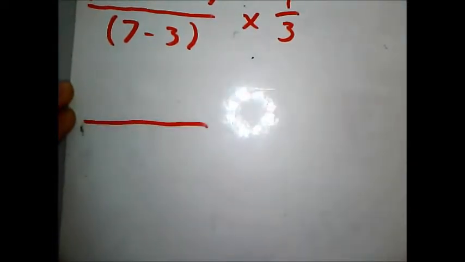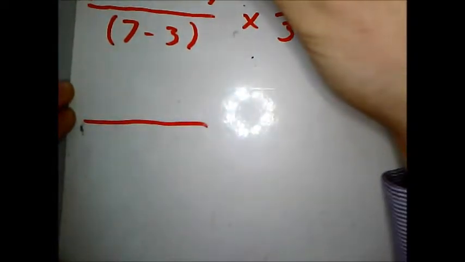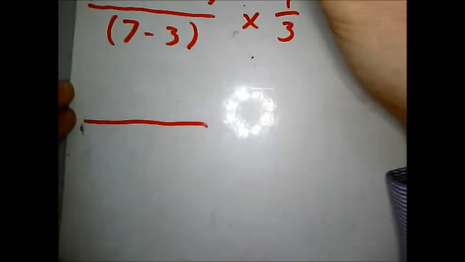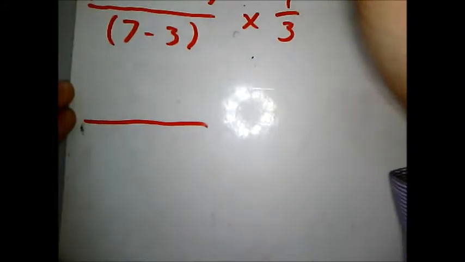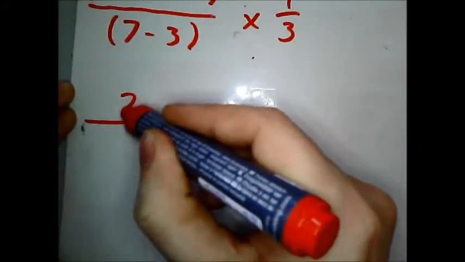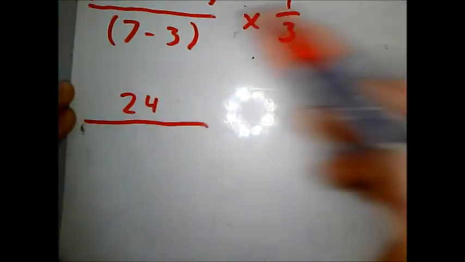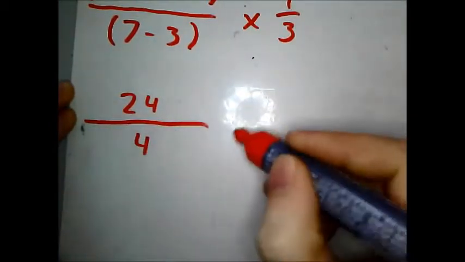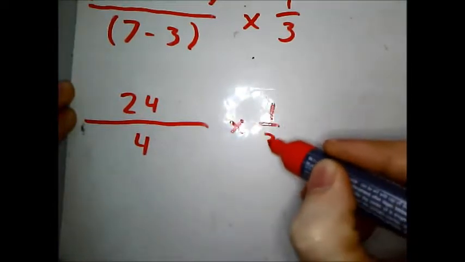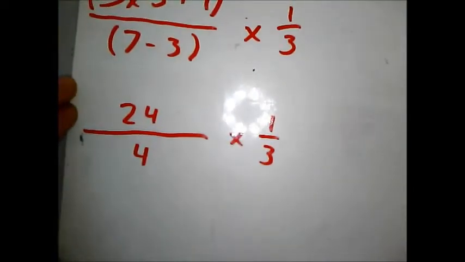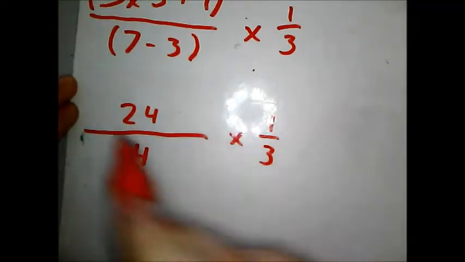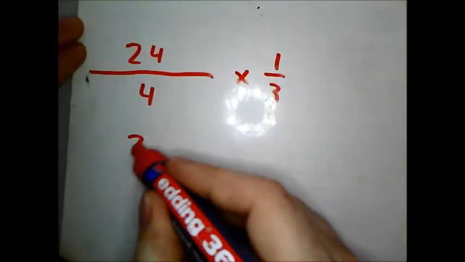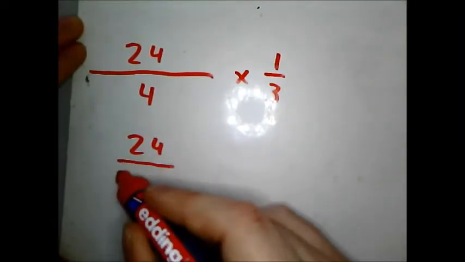So multiplying happens first, so 3 times 5 is 15, and I add that to 9, so I'm going to get 24 on my numerator, and then 7 take away 3 is 4 here, and I multiply this by a third. Okay. Then I know that I multiply the tops and the bottoms, so that's going to give me 24 over 4 times 3.